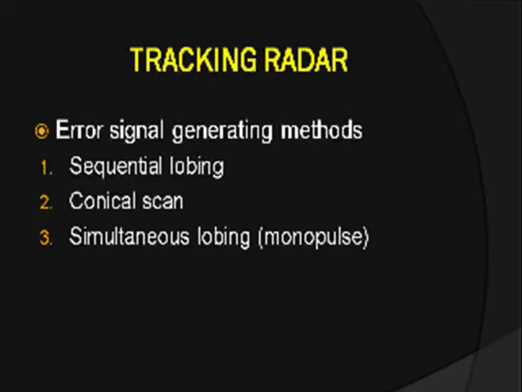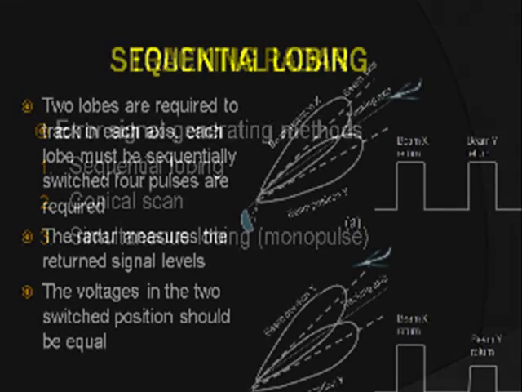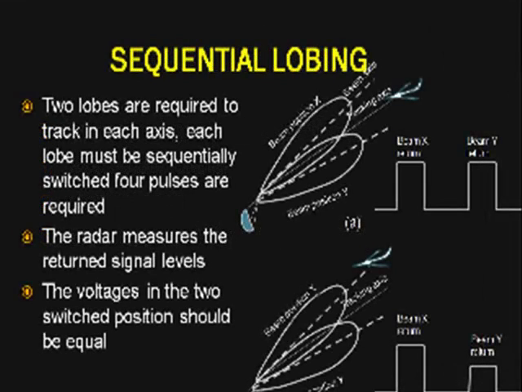The second one is conical scan. The third one is simultaneous lobing or monopulse. Now, let us try to understand what are these 3 different techniques, and finally we will have a comparison of what is to be preferred for different cases.